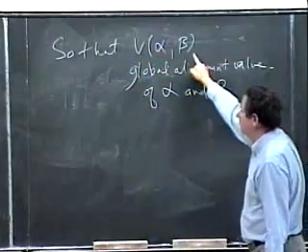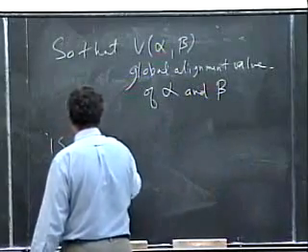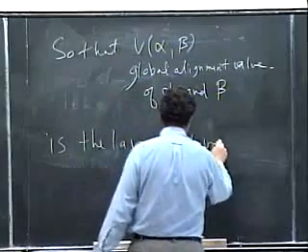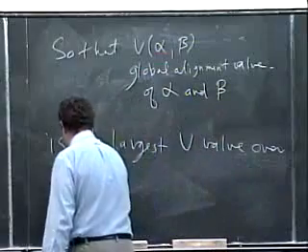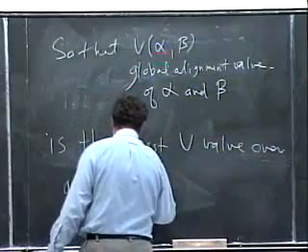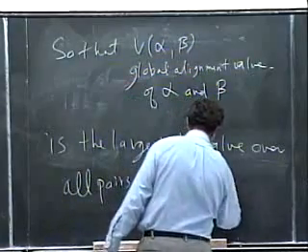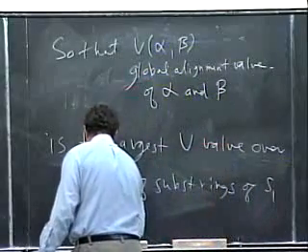Okay, so that V alpha beta is the largest V value over all pairs of substrings of S1 and S2.